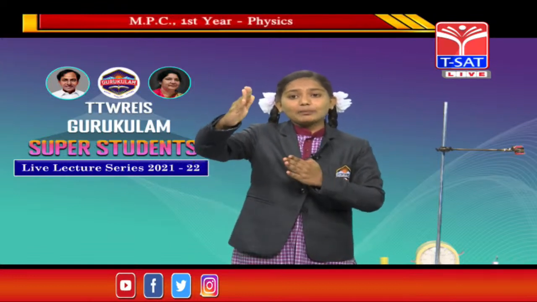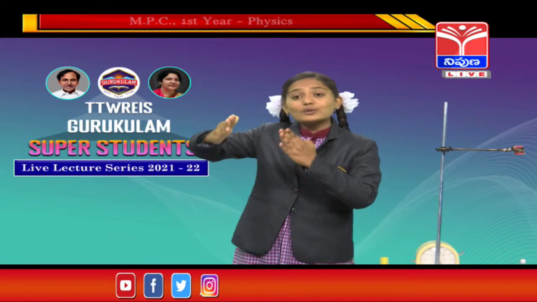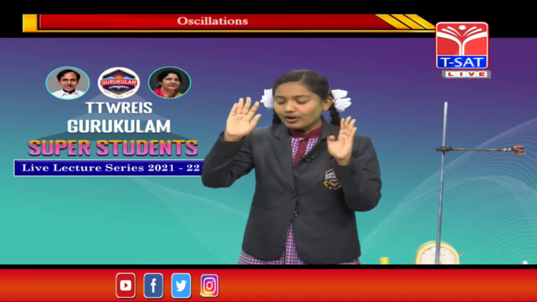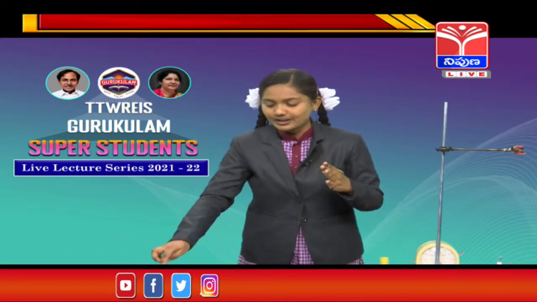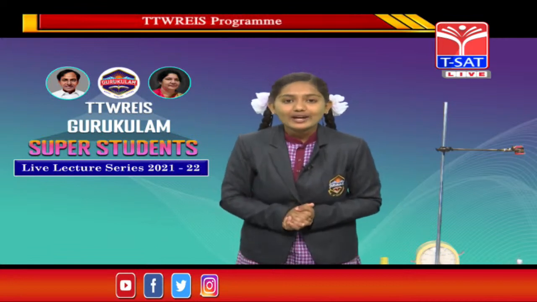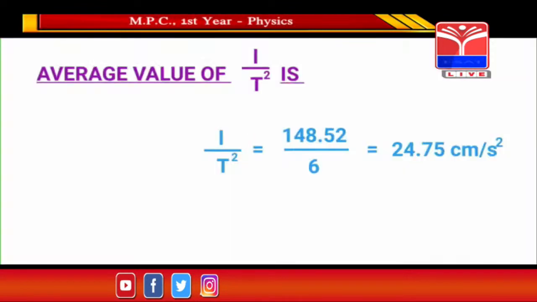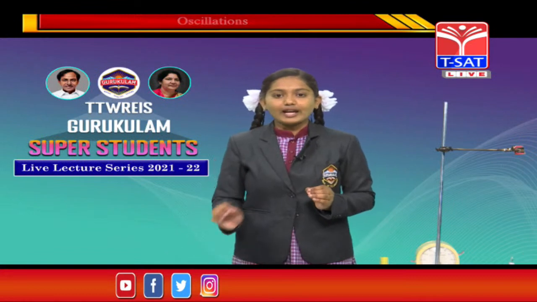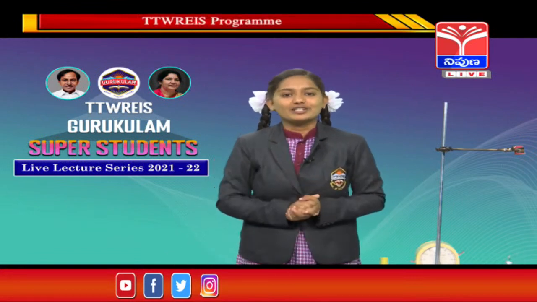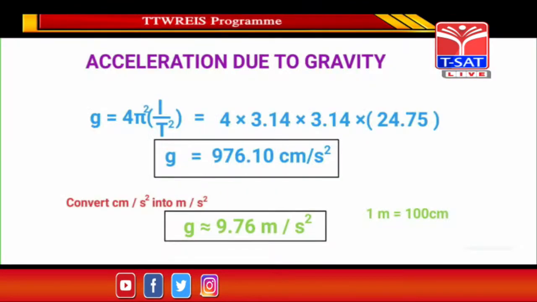Next, for the total L by T square, I have 6 values of L by T square. The sum of all observations divided by the number of observations gives the average value, which is 24.75 centimeters per second square. Next, this value is substituted in our equation: g is equal to 4 into pi, 3.14, into 3.14, into the L by T square value.